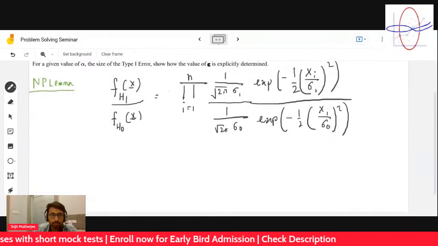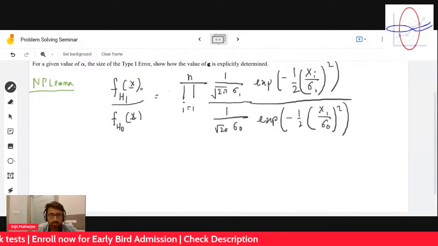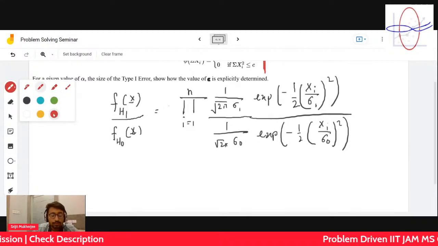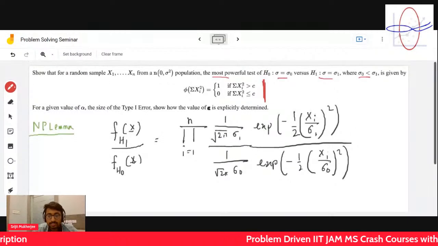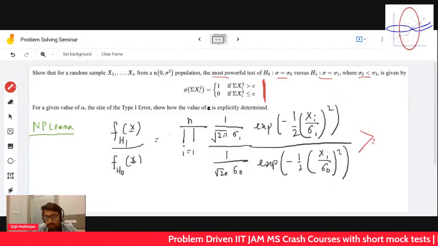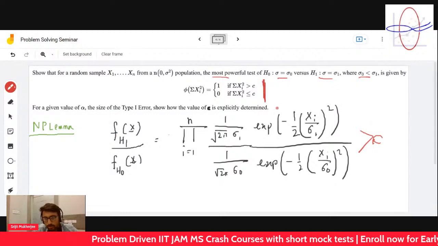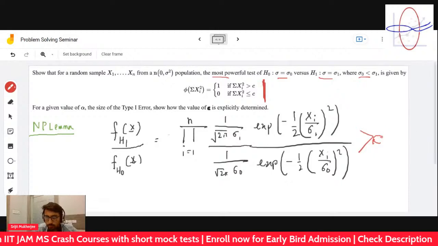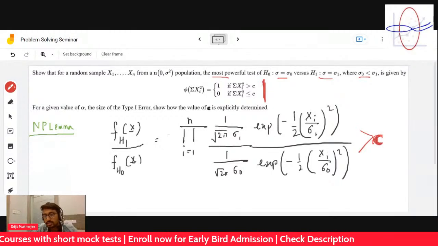Okay, and as you know from the NP lemma, we will reject h0 when this is greater than c, right? That means h1 is sort of dominating over h0, then only we reject h0, right? For some c which we don't know.